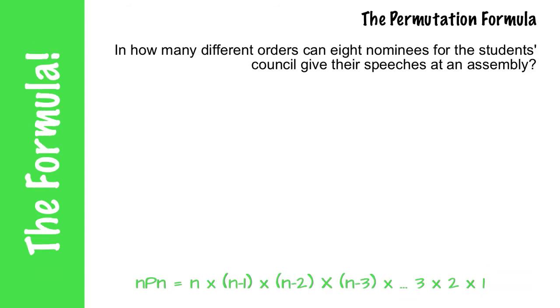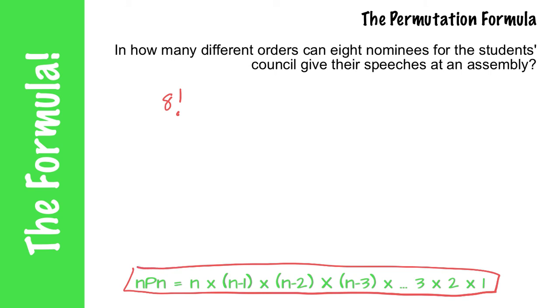Now let's look at something called the permutation formula. In how many different orders can 8 nominees for the Students' Council give their speeches at an assembly? Well, based on what we have already discovered, it's going to be 8 factorial ways. Another way to illustrate it is in this manner.